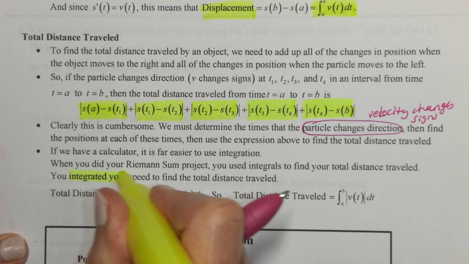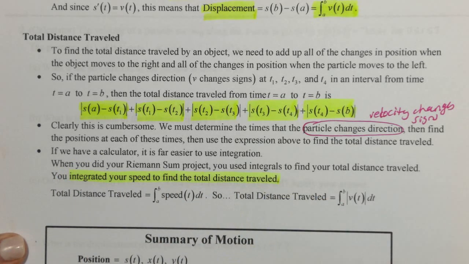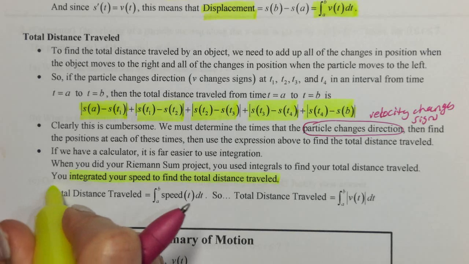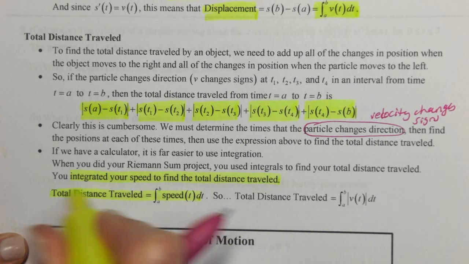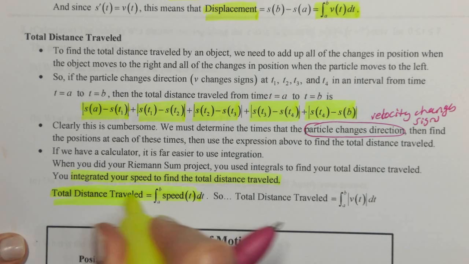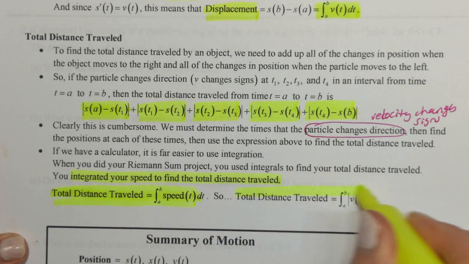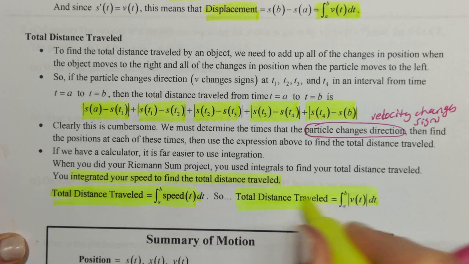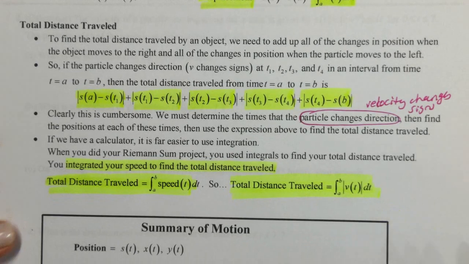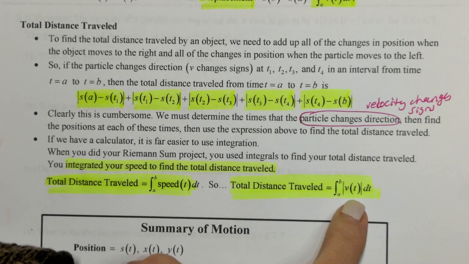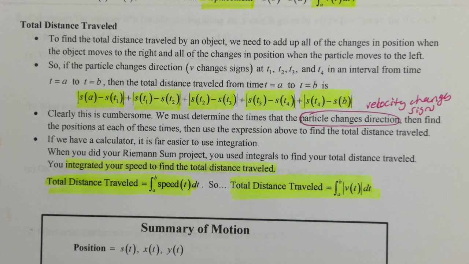You integrated speed to find your total distance traveled. So the total distance traveled is the integral of speed, written as the absolute value of the velocity.